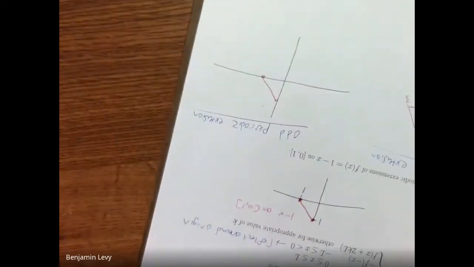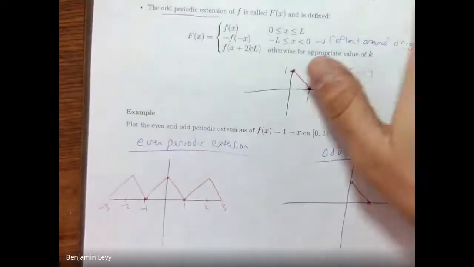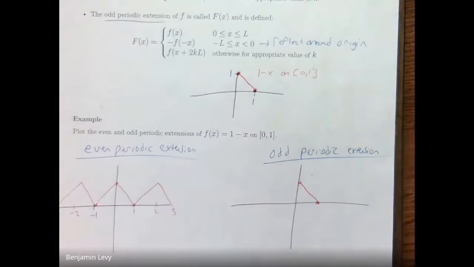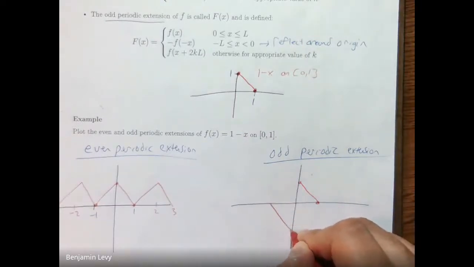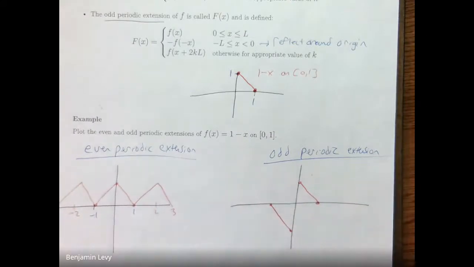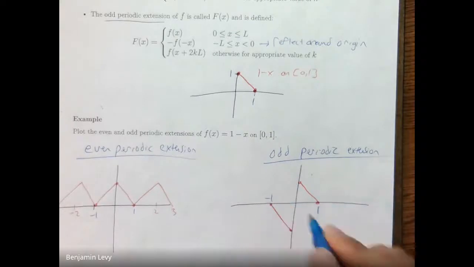Let me just turn it upside down and see what that looks like. If I turn the paper upside down, now it's down here in the fourth quadrant, right? And so the odd periodic extension of this one then would be this. Should be a reflection. It's not quite looking like that, but hopefully you get that.